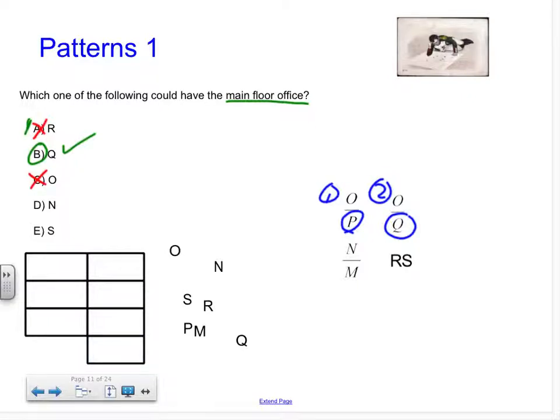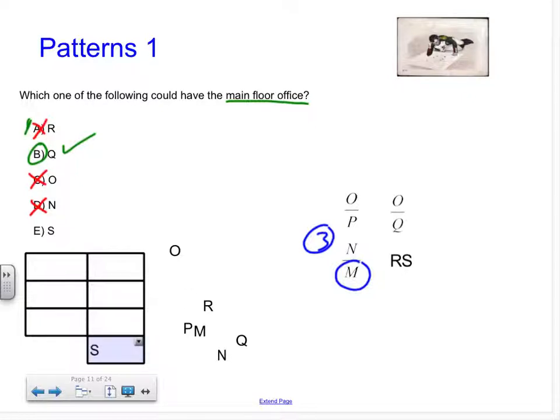How about we try N? So N on the main floor. And the next natural step is to take a look at the conditions. And I know that by condition 3, if N goes on the main floor, there's no chance that it could be above M. So it breaks the third condition, and D can be eliminated. Let's take away N. What if we were to try S on the main floor?